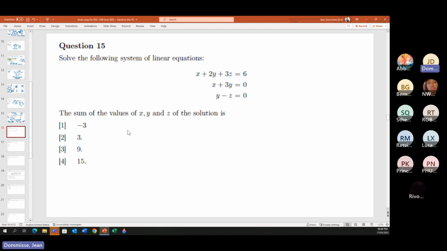In this instance, they ask you to work out the sum of x, y, and z. So now it's not as simple as when you suddenly have an X value, where you can say, well, I don't have any of the others, so I can just get to an answer.